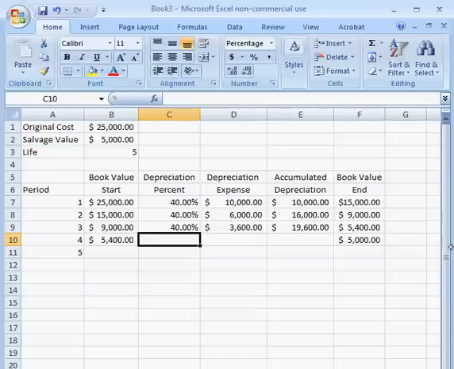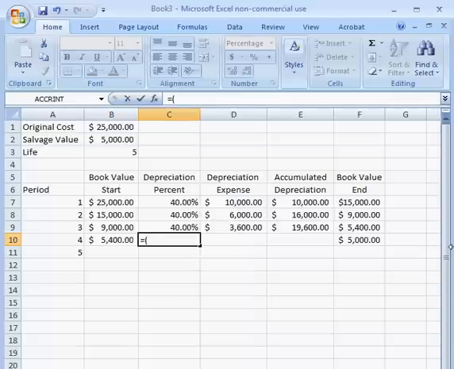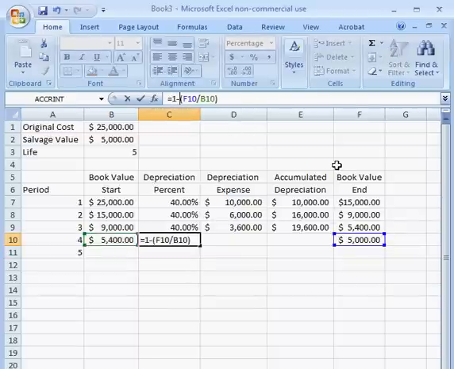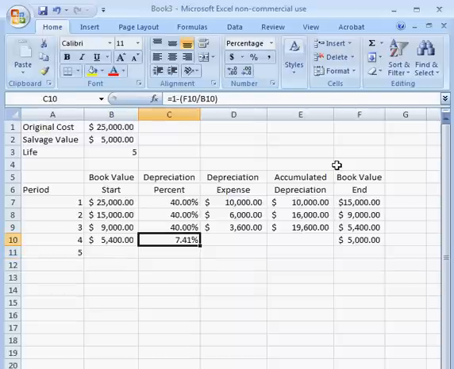For the depreciation percentage, to open up a formula, what you want to do is open up a parenthesis, do the $5,000, which is your salvage value, divide that by the 5,400, and what you want to do is take 1 and subtract that, so we have 7.41%.